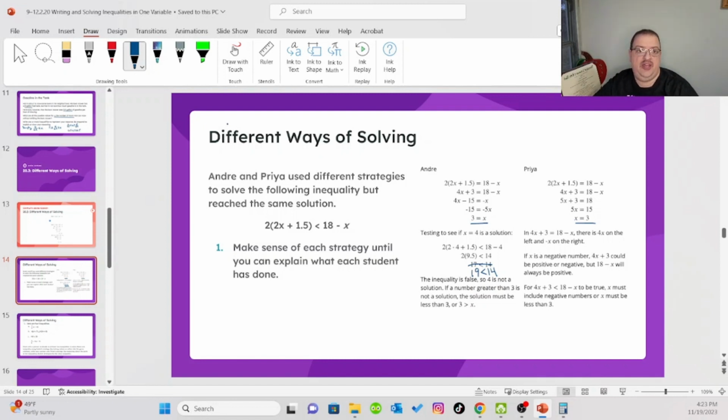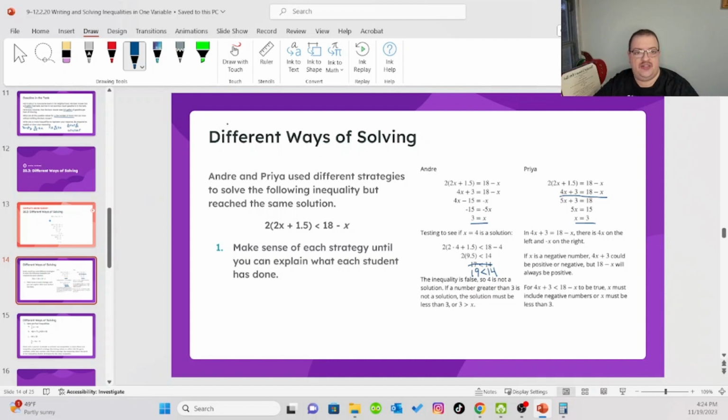Priya, on the other hand, uses logic. She gets to this point right here where she sees that 4x plus 3 equals 18 minus x. And she realizes that if she picks a negative number for x, when she plugs that negative number into the left side, sometimes it will be a positive number and sometimes it will be a negative number. But if she plugs that same negative number into the right side, then subtracting a negative is actually addition.